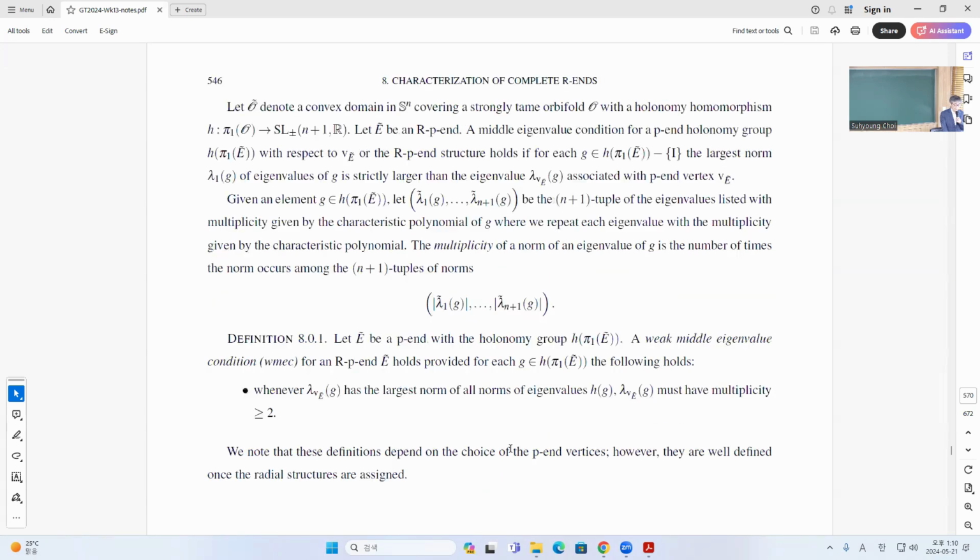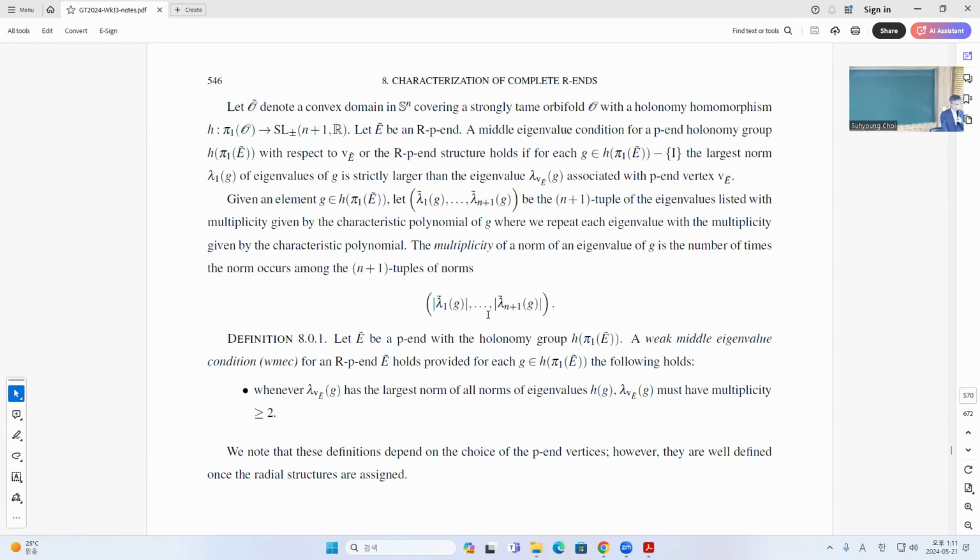Okay. So again, we start with some strongly tame orbifold, and E is RPn, and the weak middle eigenvalue condition is given as follows. We recall the eigenvalues with the multiplicity given here, and the multiplicity of a norm is the number of times the norm occurs in this tuple.